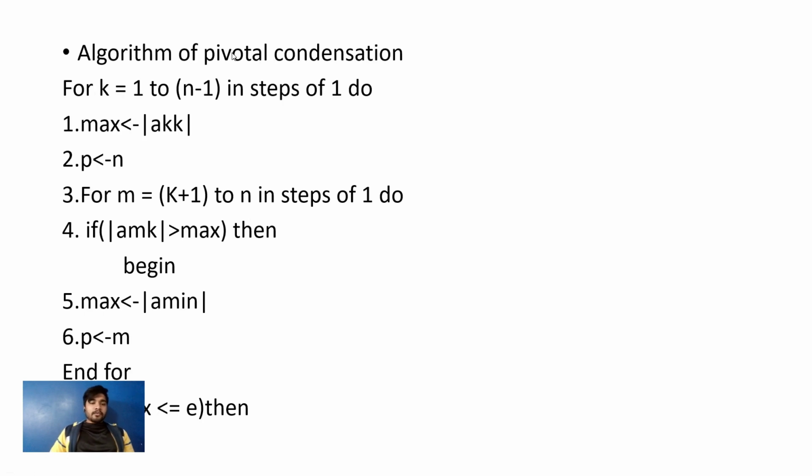For k equals 1 to n minus 1 in steps of 1 do: max is modulus of a_kk, p is k, and for m equals k plus 1 to n in steps of 1 do: if modulus of a_mk is greater than max, then begin, max is modulus of a_mk, and p is m, end for.